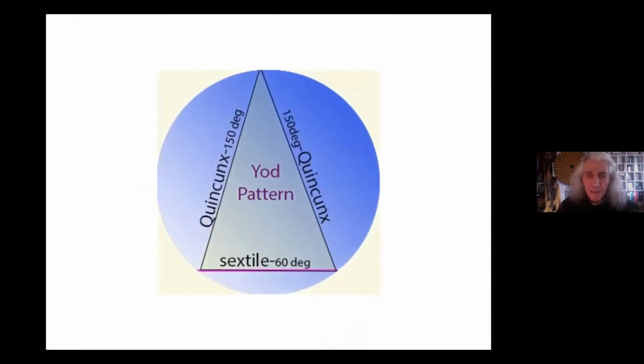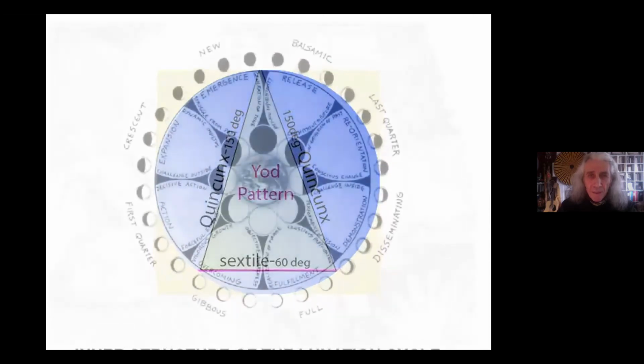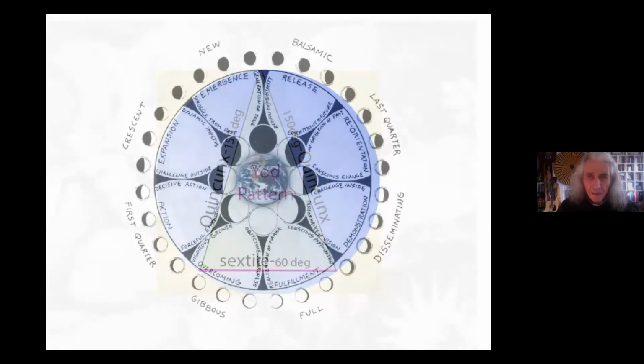So there's our basic YOD pattern. And what I'm prone to do is to overlay the lunation cycle, because the lunation cycle is the archetype of all cycles of relationship. And as Rudyard and Rael have consistently taught, we can look to the overall structure of the lunation cycle as a matrix within which all of the aspects play out.